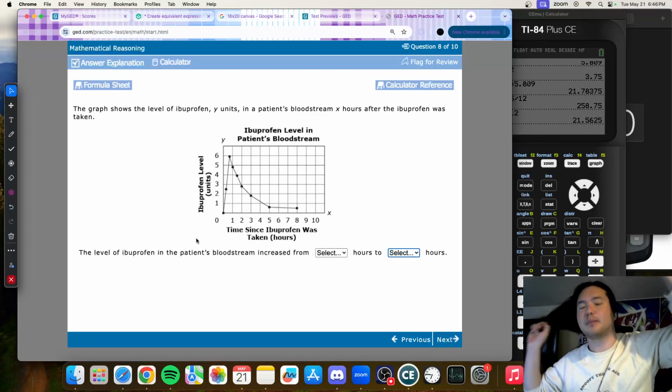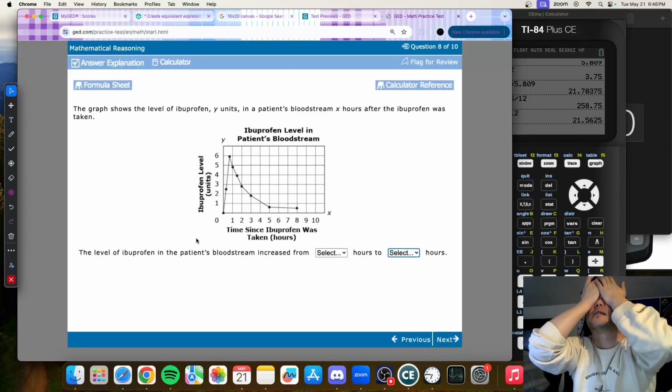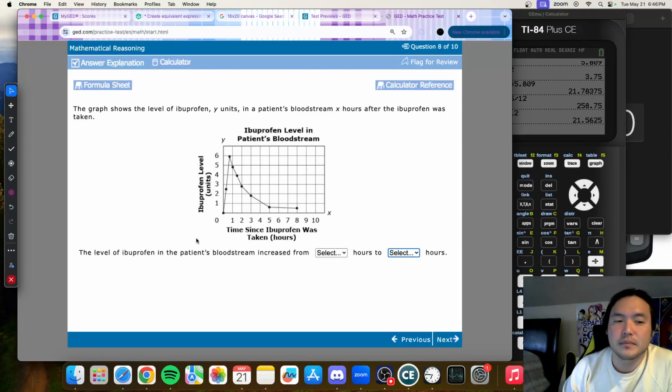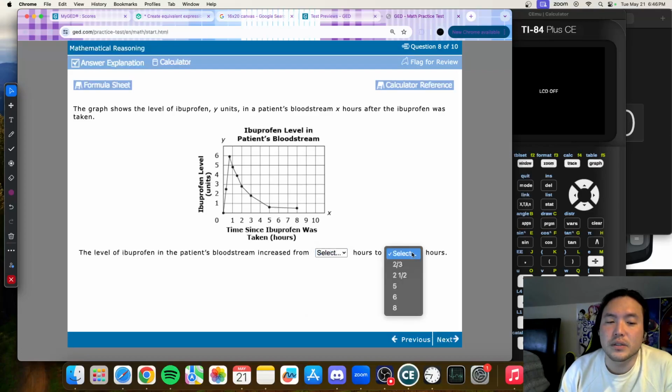When does the ibuprofen level start increasing, and when does it stop increasing? Again, your options are 0, 2/3, 2.5, 5, 6, 8.